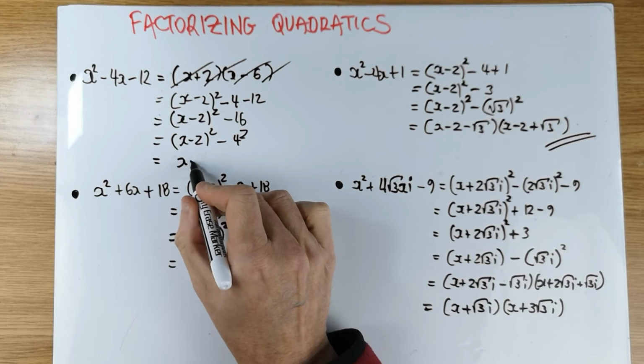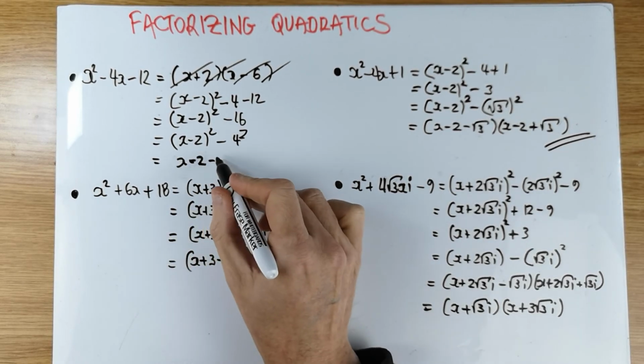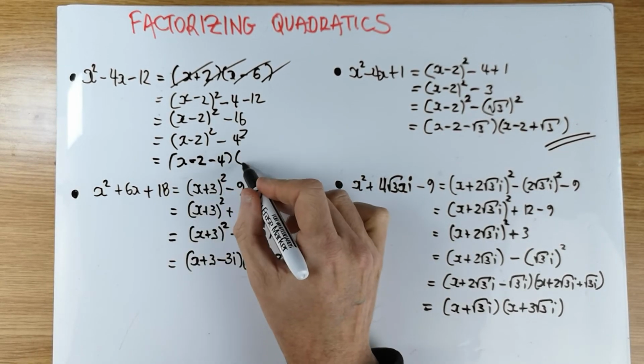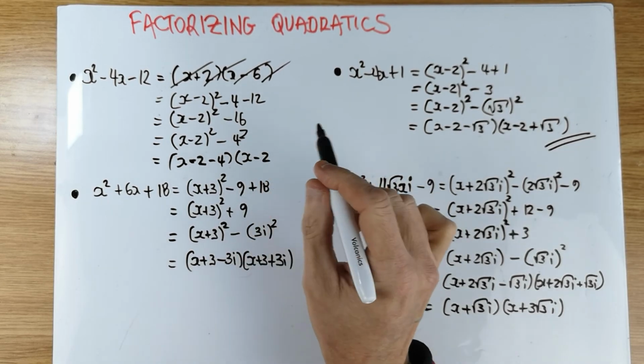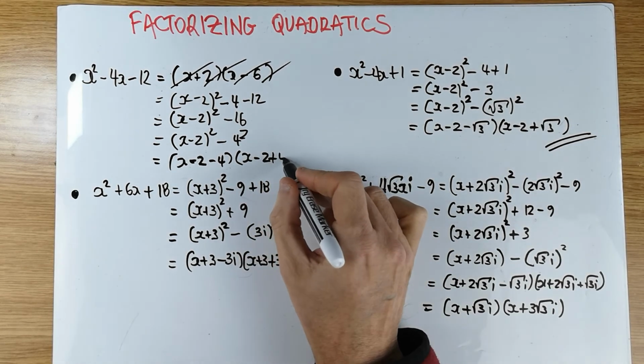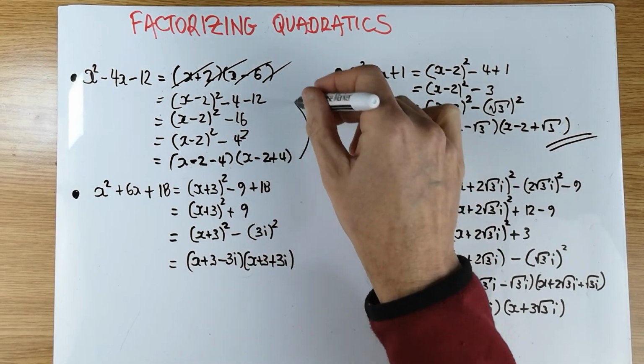So this is now an x minus 2 minus 4, x minus 2 plus 4, which of course will give us that.